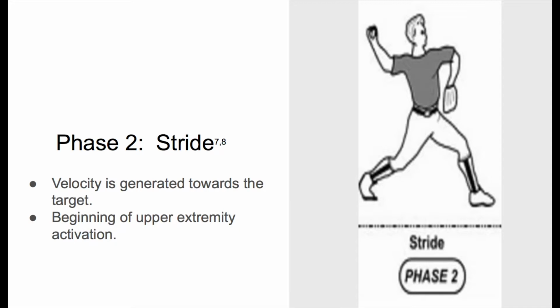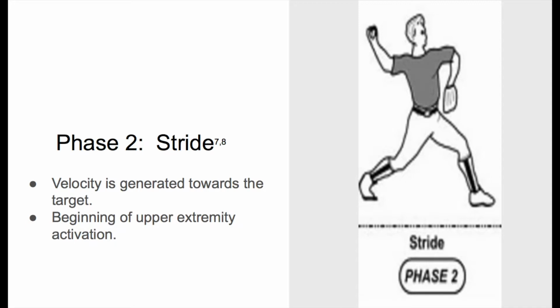If we find an internal rotation deficit of the stance leg hip, we will probably see an early forward rotation of the pelvis, and what that will do is increase stress on the distal kinetic chain at the elbow.